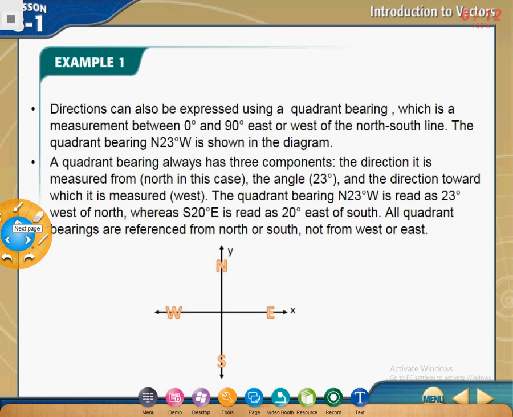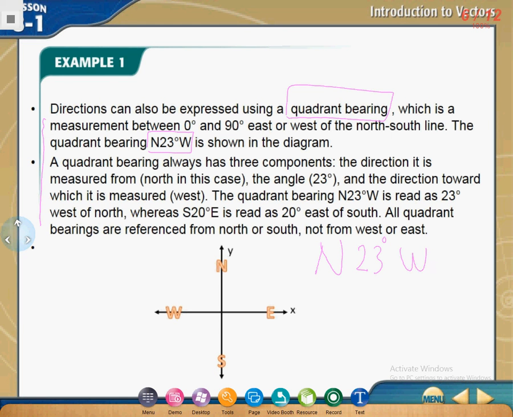The second one. The direction can also be expressed as quadrant bearing. Okay, this is the explanation. If you want to read it, I will explain it for you here. Please look at this: N 23 degrees west.